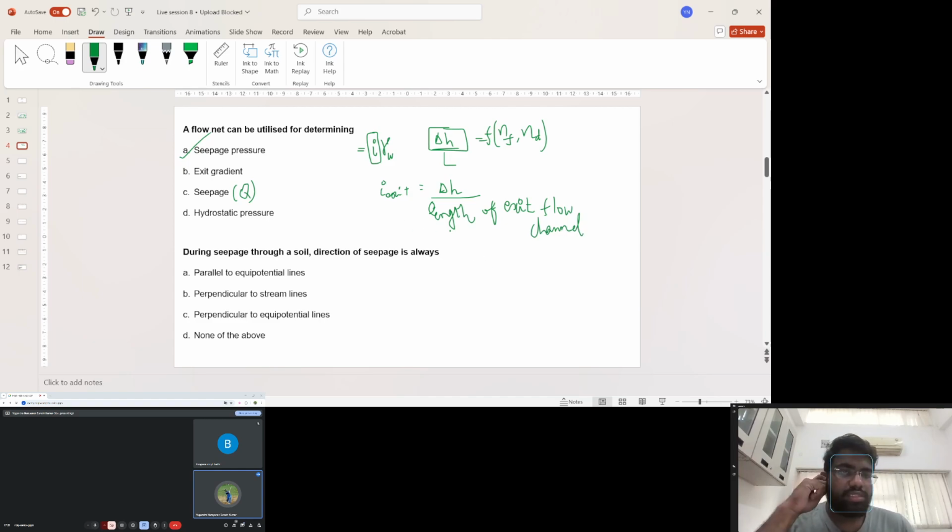So that's why this can be obtained only from flow nets. The flow net will be useful for calculating this exit gradient also. And seepage, obviously, since it is a two-dimensional flow, we know the relationship, which is a function of the number of flow channels and number of equipotential drops. So this also automatically is a no-brainer. It comes under one of the applications of flow net.